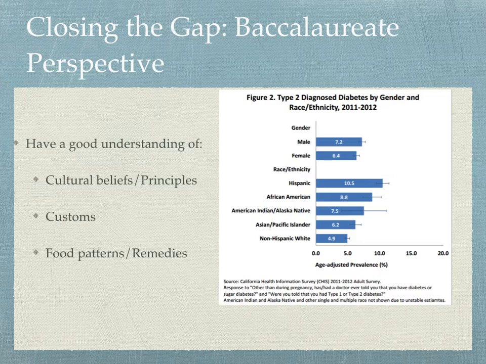In a survey done in 2011 through 2012 by the California Health Interview Survey, the prevalence of type 2 diabetes among Hispanics was 10.5% in California. This group had the highest prevalence compared to other ethnicities and races.